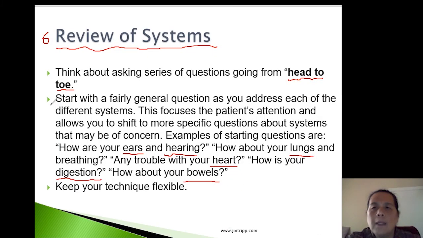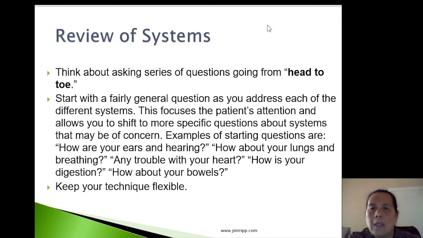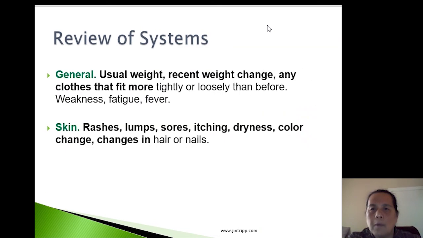So basically we follow the order from the head to the toe, going through different parts and systems of the body. That's generally the review of the symptoms.